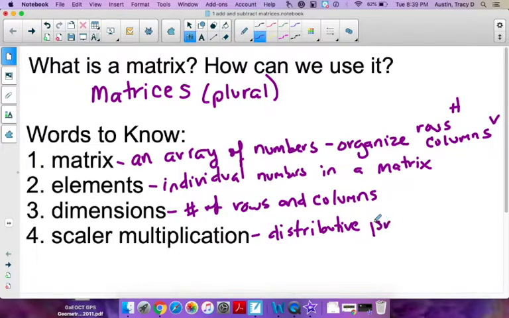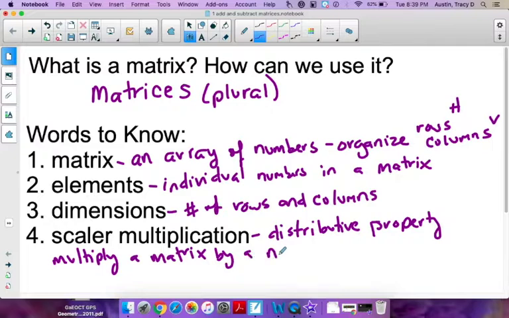You take and multiply an entire matrix by a single number. So all the numbers in the matrix by a specific number. And the number could be a fraction, it could be negative, whatever it is, but that's scalar multiplication. So basically it's the distributive property.